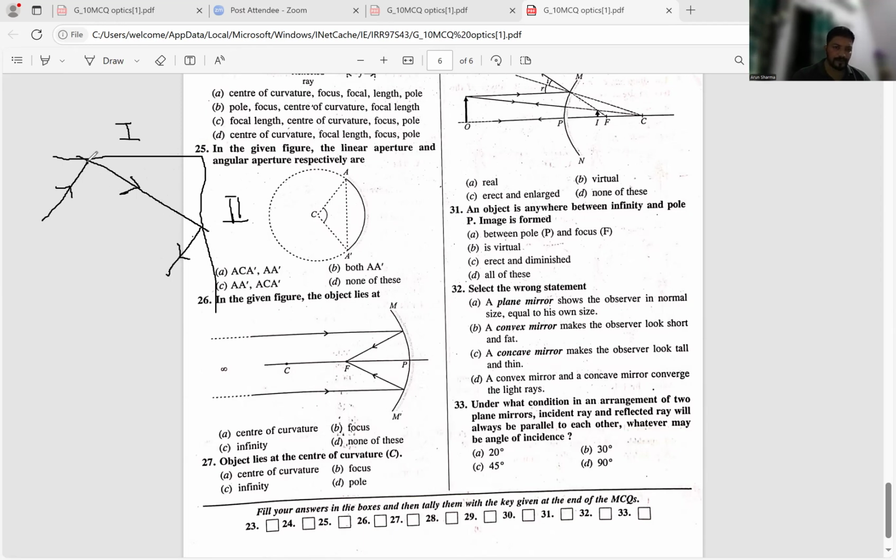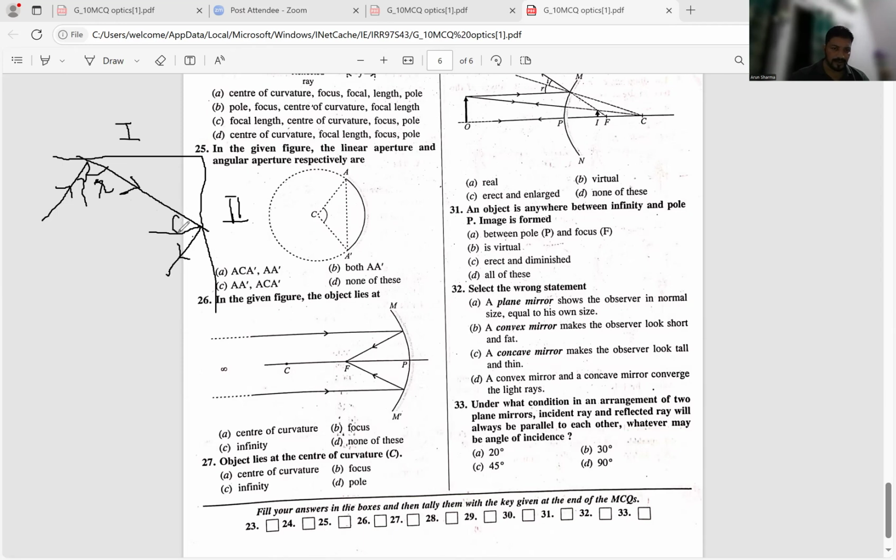So if we draw the normal, this angle is I, this angle is R, and both the angles are the same. I is equal to R. If I is 30, R is also 30.